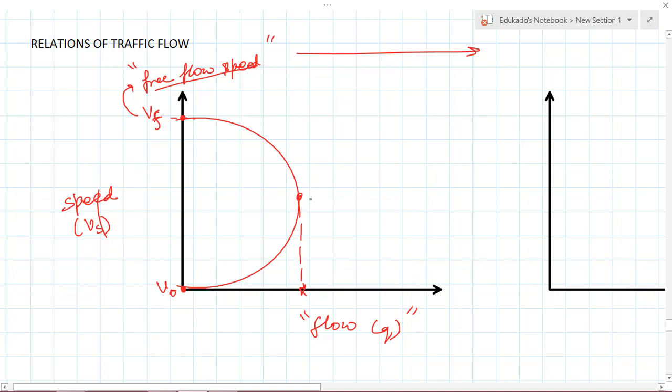So it will form a curve like this. It's not exactly a semicircle, it is parabolic, though I've shown it here like a semicircle, and this value is known as Q max. Alright.